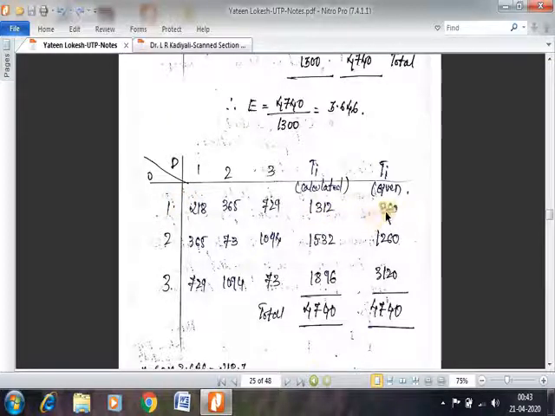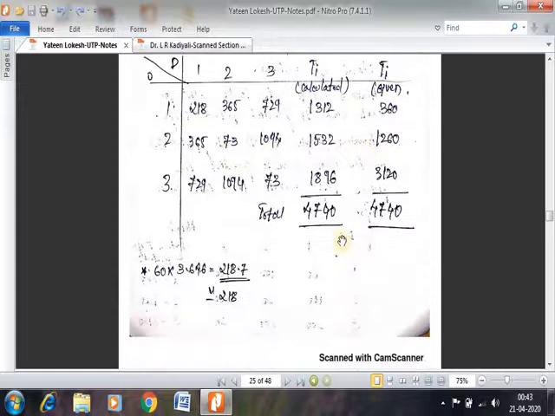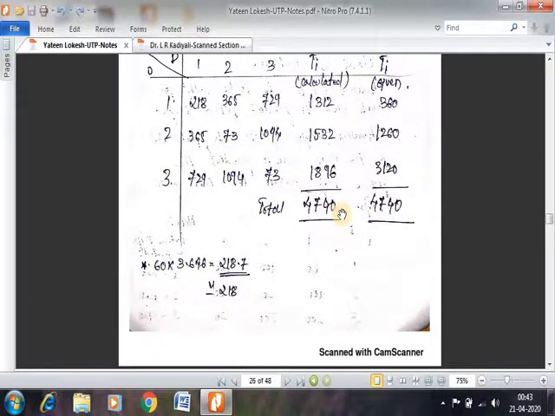The given target is 360. So you can see there's a huge difference between these two. Similarly between these two and also between these two. Isn't it? So that's the drawback of this particular method.